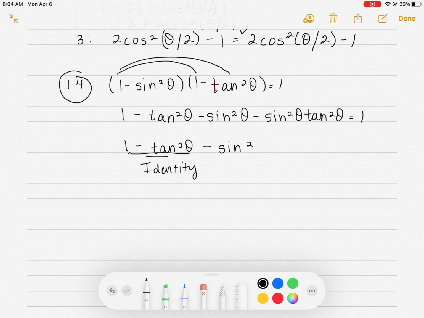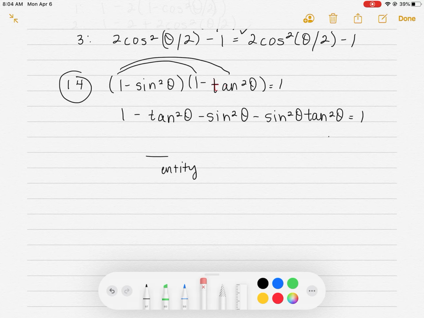Minus sine squared. Minus, and then I'm going to take my product here, sine squared of theta, sine squared of theta over cosine squared of theta. And that doesn't look like it's going to benefit me, so I'm going to do something a little different.